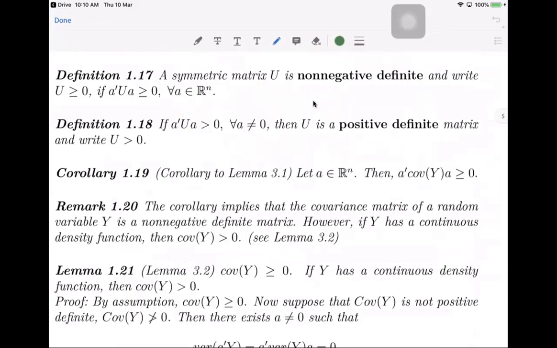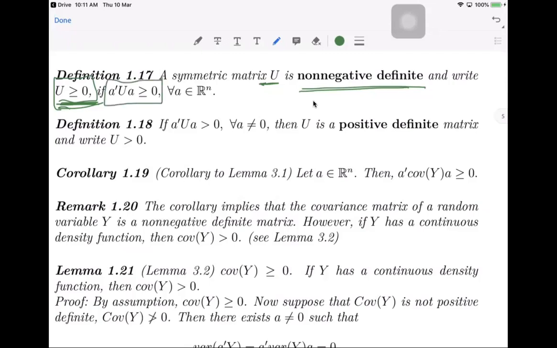A symmetric matrix U is non-negative definite, written U greater than or equal to 0. This notation in matrix form is telling you that U is non-negative definite, and U will be non-negative definite if this is satisfied.